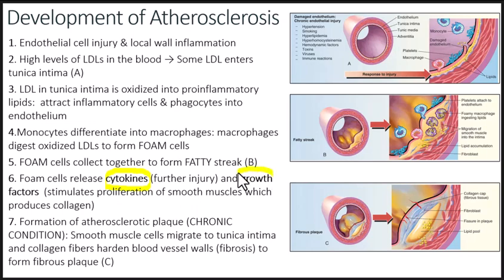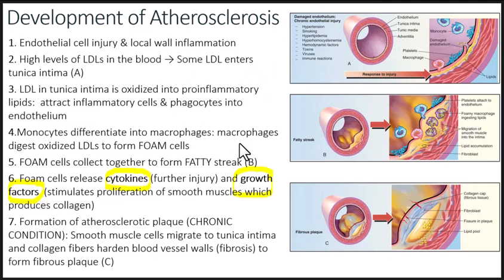Foam cells also have the ability to release growth factors. It's almost like this fatty streak that forms from these macrophages that ate way too much oxidized LDL just starts spitting out all these chemicals to try to get help, to try to get out of the circumstance that it's in. But it fails and it actually makes things worse.